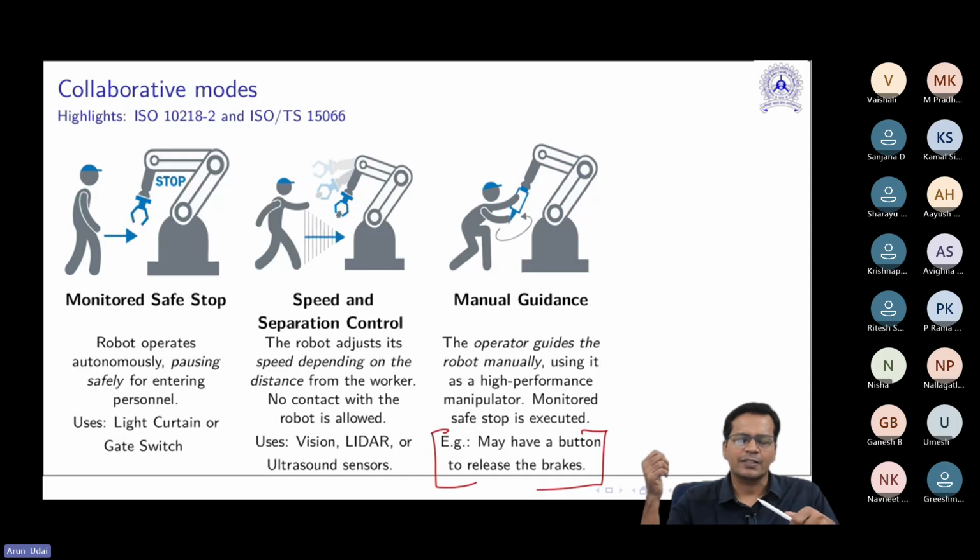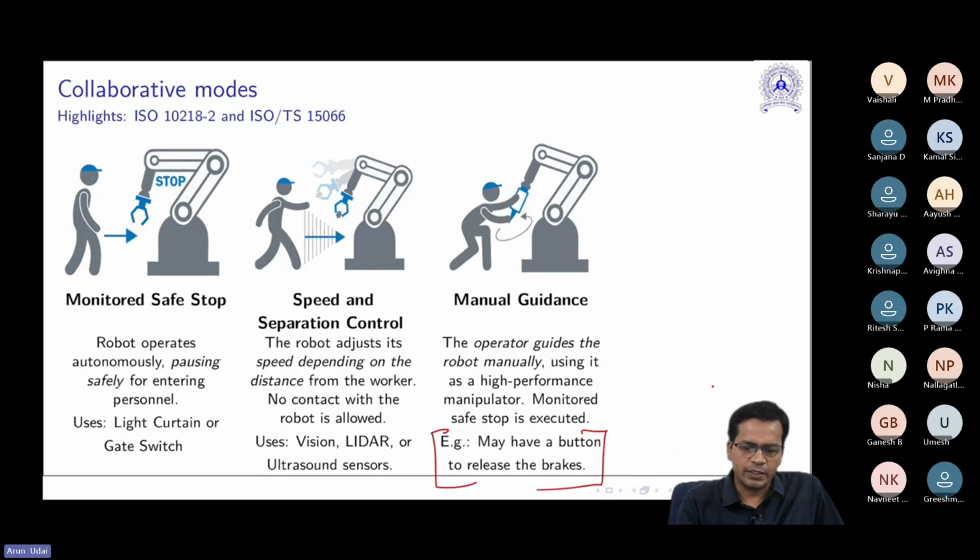If you press it, it releases the brake and you can drag the robot. But normally during execution, it may be very stiff. It can hit you hard, right? You may not be able to move it. So there is a button to release the brakes, and you can drag it anywhere, but it may not have gravity compensation either. Any robot which can be manually guided need not be a cobot.